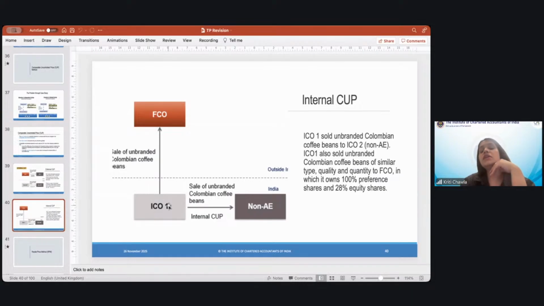Well, we look at a non-AE and we find out that this ICO is also selling unbranded Colombian coffee beans to this non-associated enterprise. So we use this price and adopt it as the ALP for this controlled transaction. This is called internal CUP.